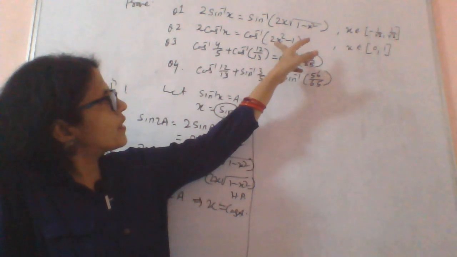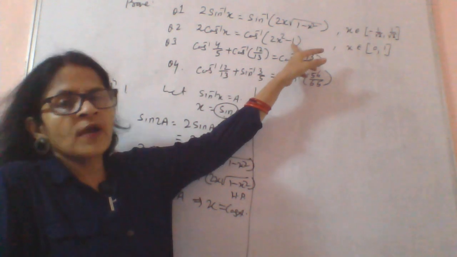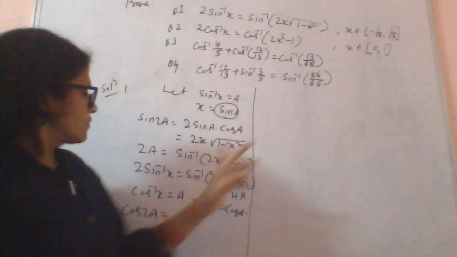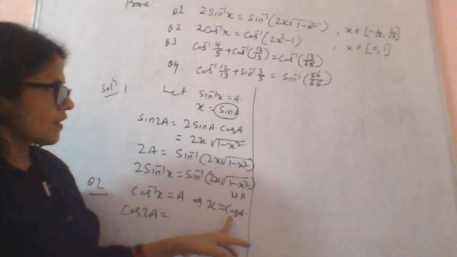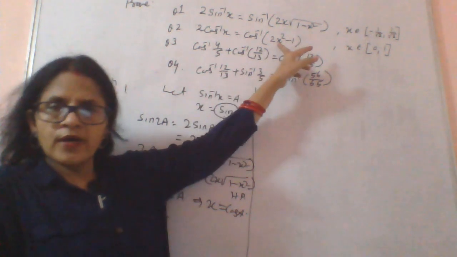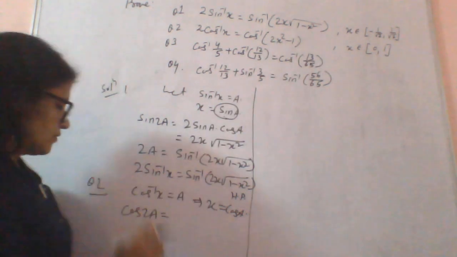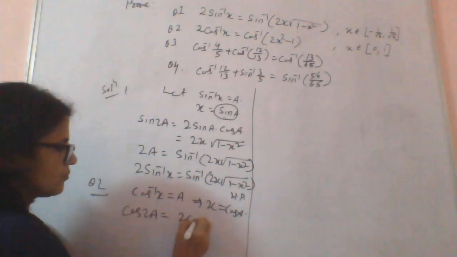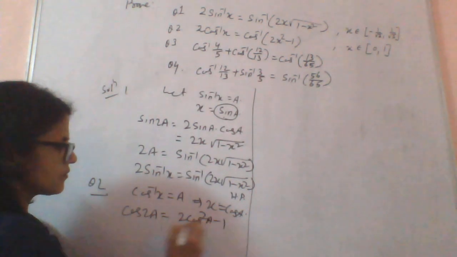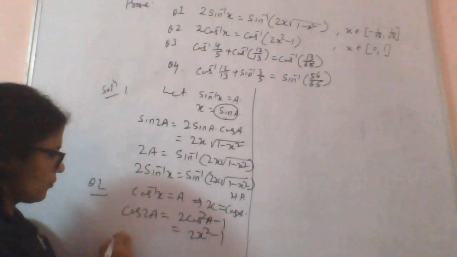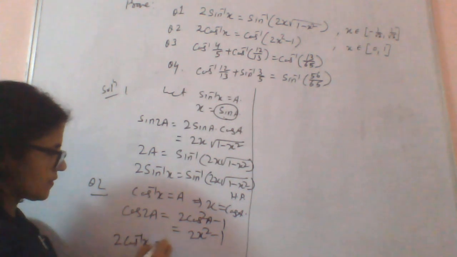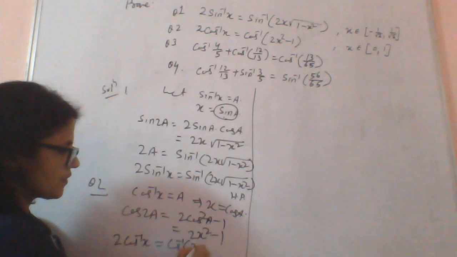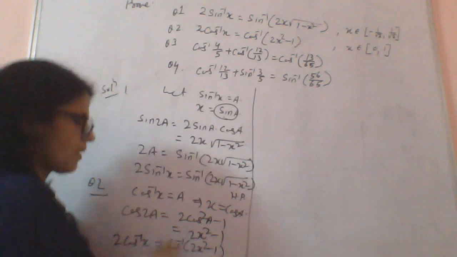Because we have 2x square minus 1, where x equals cos a, we use 2 cos square a minus 1. So cos 2a equals 2 cos square a minus 1, that is 2x square minus 1. So 2a means 2 cos inverse x equals cos inverse of 2x square minus 1.